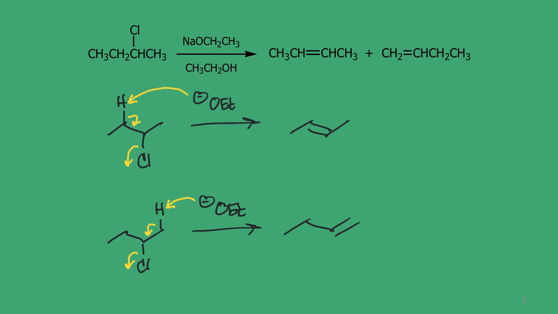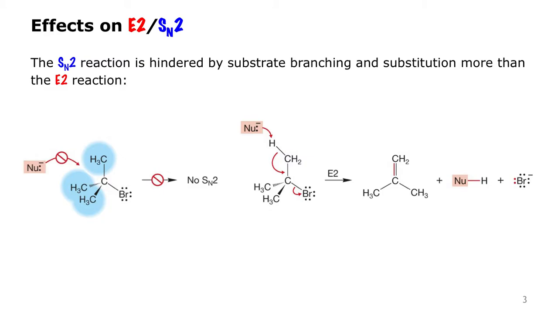So let's look at some of the details of these reactions more closely. So first, let's look at the interplay between E2 and SN2. We know from our previous look at substitution reactions that tertiary substrates, such as this t-butyl bromide, do not undergo SN2 reaction.